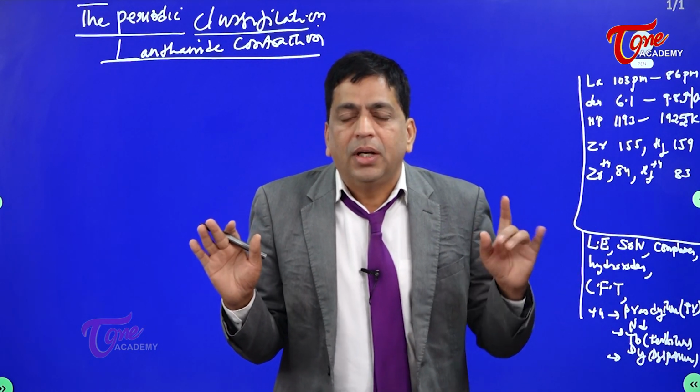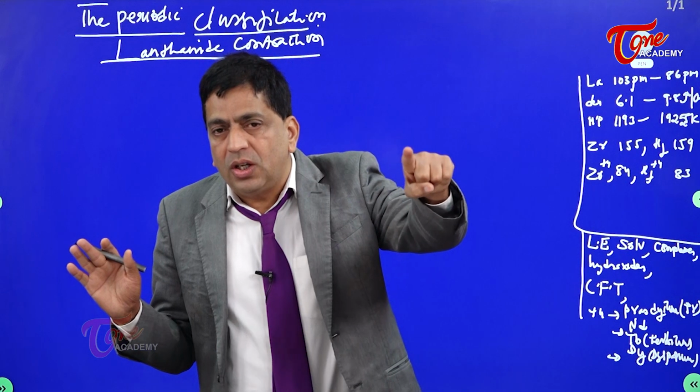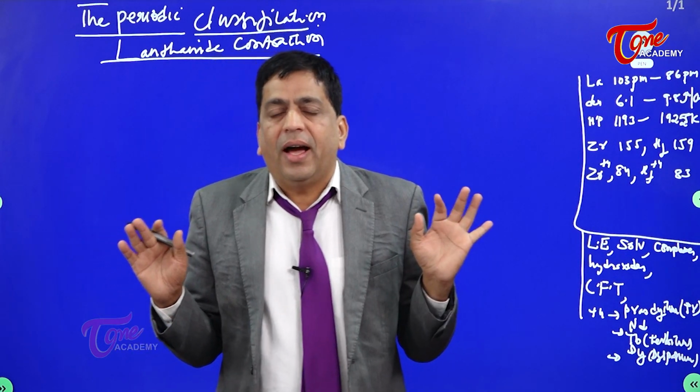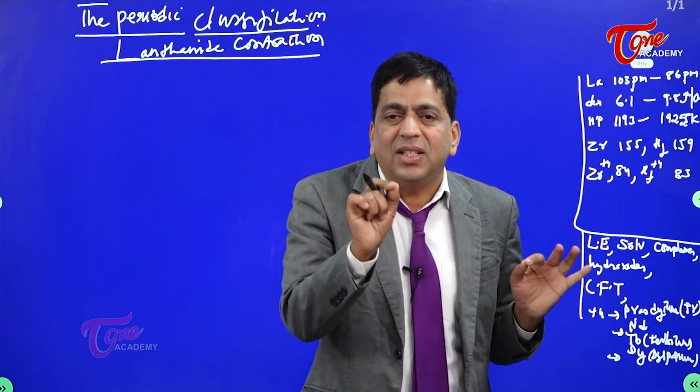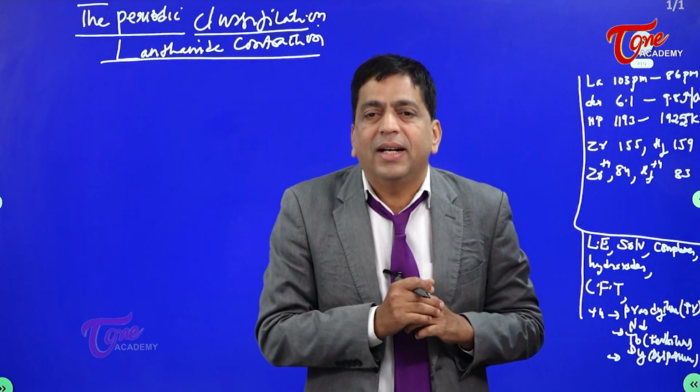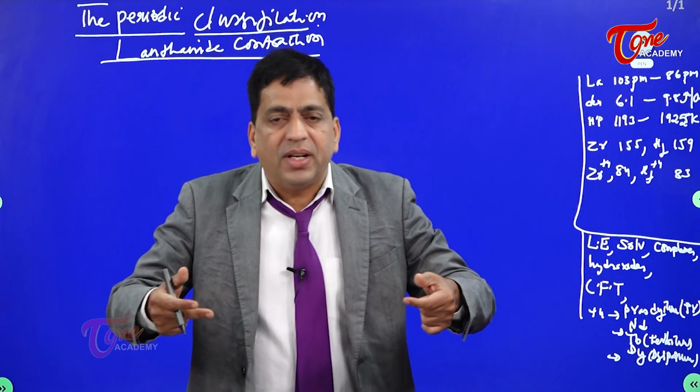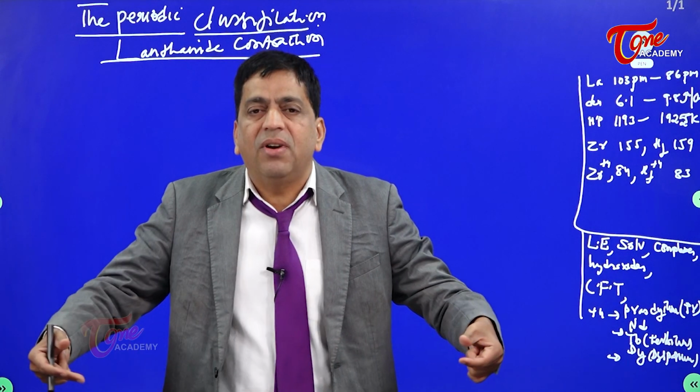Lanthanum belongs to the 6th period, and its configuration just enters 5d. From there onwards, 58 to 71, the F is being filled at the bottom.